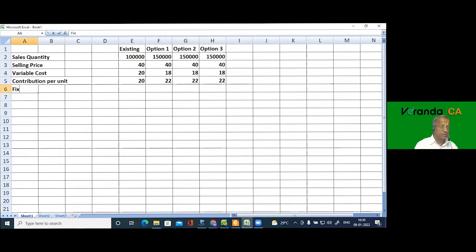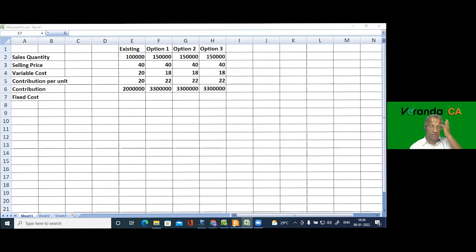Fixed cost. Sorry, before that, let me take up contribution. It is not contribution per unit, it is contribution, where we multiply contribution per unit with volume. Then fixed cost.